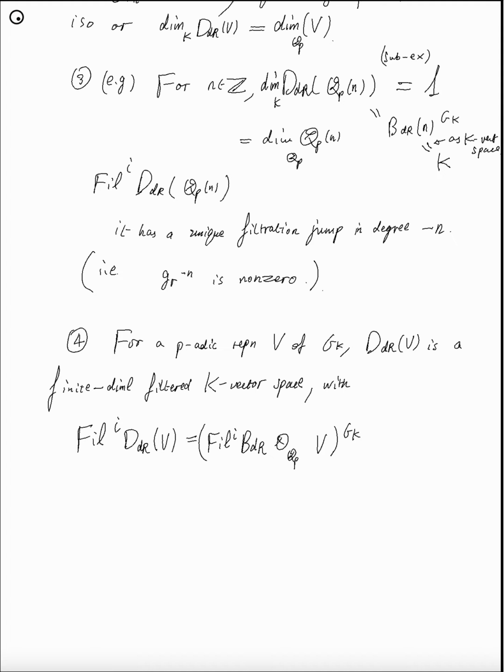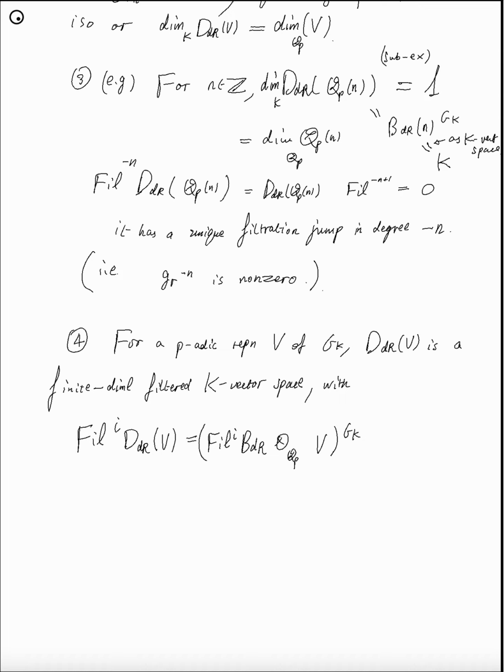This has a unique filtration because this is dimension 1, which means this should still be D_dR of Q_p(n), while Fil^{-n+1} is 0. This comes from the fact that, how do we recall that?